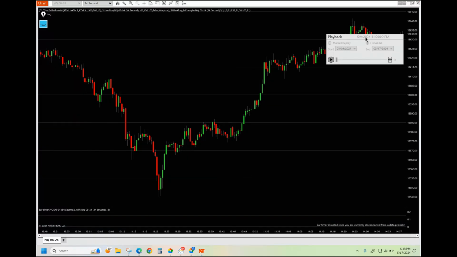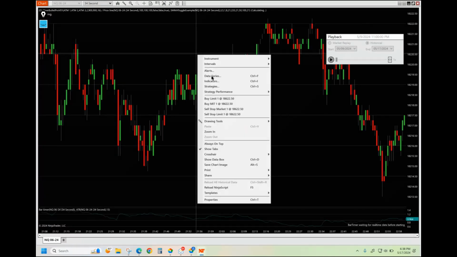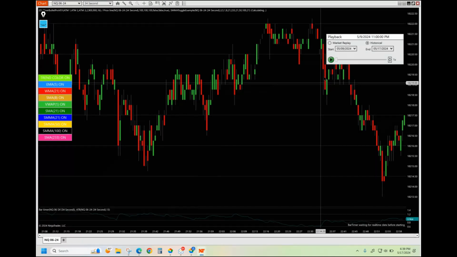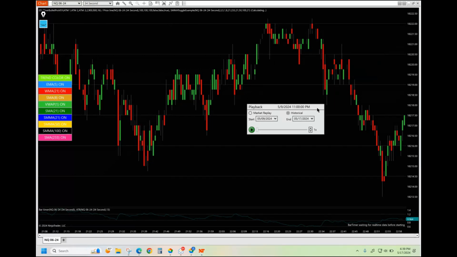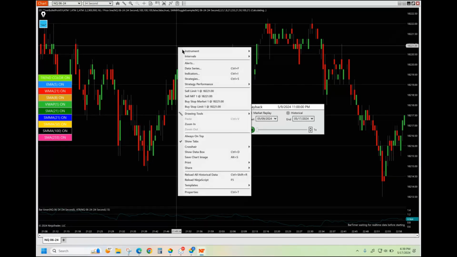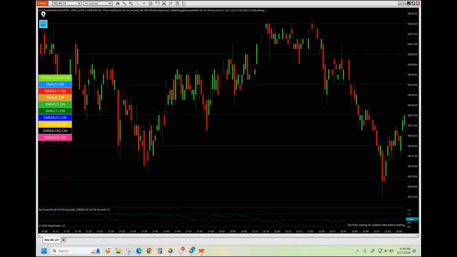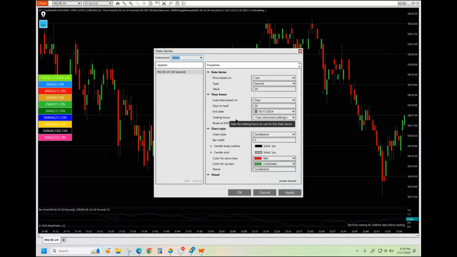All right. The timer always starts at 11 p.m., so I will start it from there itself. One more thing I want to show you is that sometimes you can decide what time frame you want to set. If you right click on it and go to data series, here you have trading hours, use instrument settings.